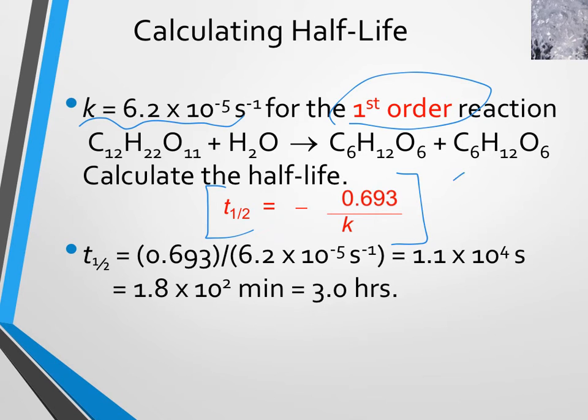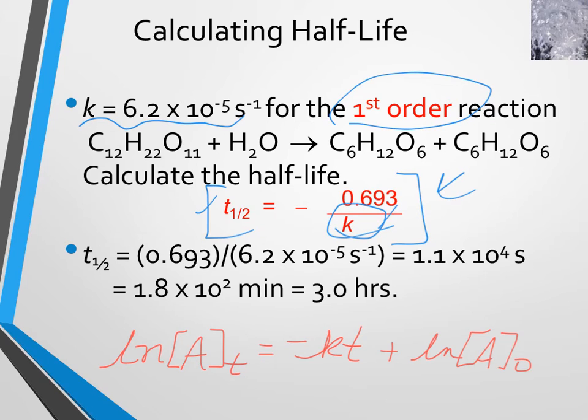But if you do remember the expression for half-life for the first order, it's really simple. Remember, there's no concentration expression in it at all. All you need to know really is the rate constant, because half-life and rate constant for first order are inversely proportional. So if you remember the expression for the half-life, you can work that out in about 30 seconds.